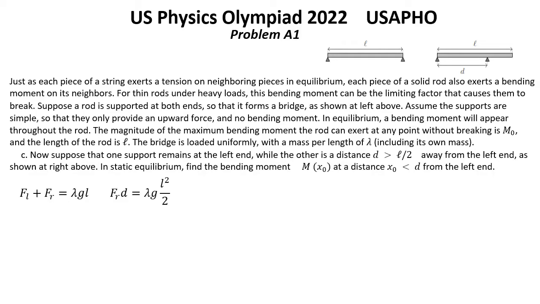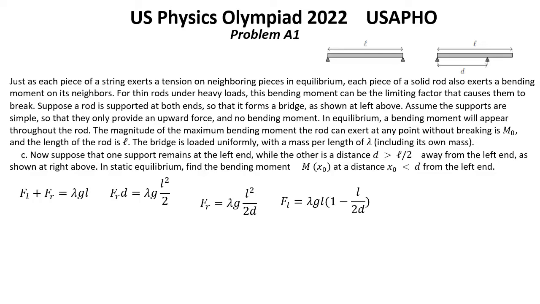We have torque from the right support equal to Fr multiplied by d, and that's equal to the weight torque from the left part, the torque from all the weight, which is lambda g L squared over 2. From here we can find that Fr equals this expression and Fl equals this expression.